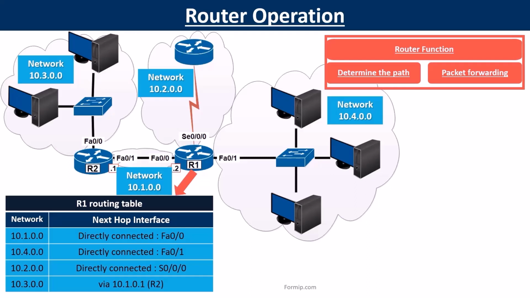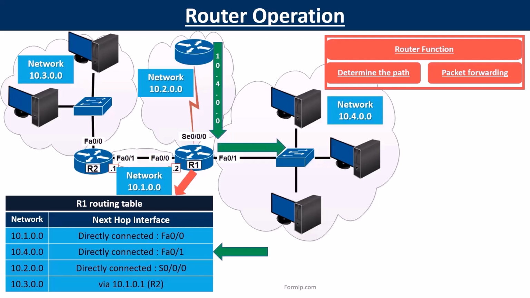If the destination network is identical to one of these interfaces, then it will be considered directly connected. For example, if router 1 receives a packet on its serial 0/0/0 interface bound for the 10.4.0.0 network, then the packet will be routed directly to the FastEthernet 0/1 interface.